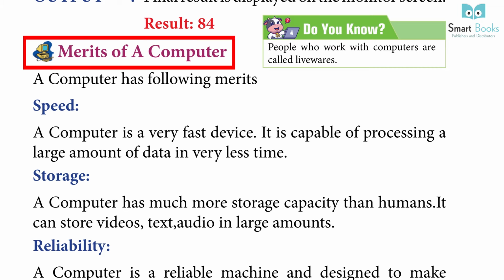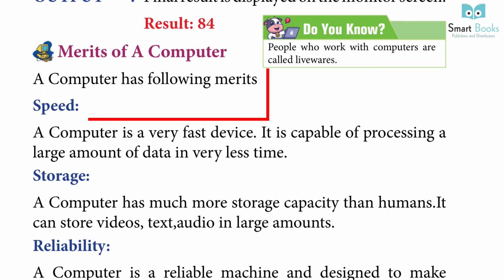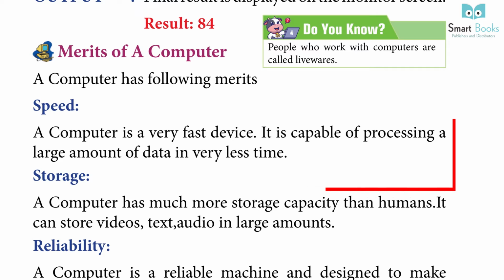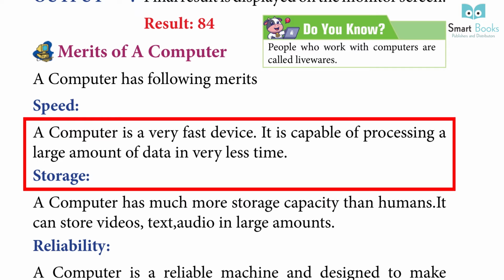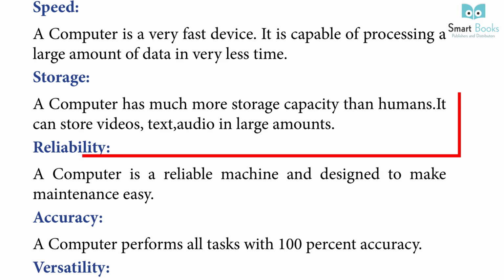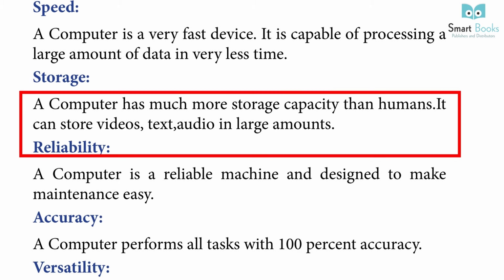Merits of a computer. A computer has following merits. Speed: a computer is a very fast device. It is capable of processing a large amount of data in very less time. Storage: a computer has much more storage capacity than humans. It can store videos, text, audio in large amounts.